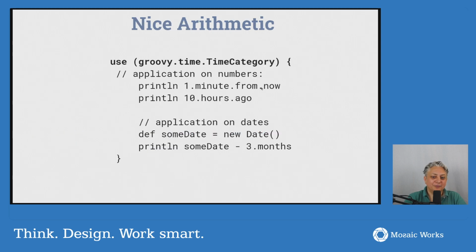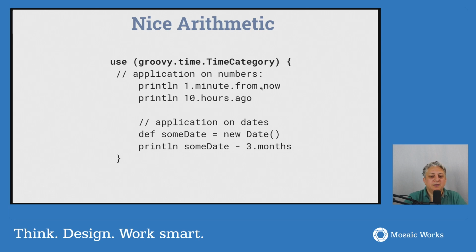Here's how I would like to see DateTime arithmetic done. This is an example from Groovy. Groovy has something called the time category, which is kind of an extension of the language that you can use for a specific code block.